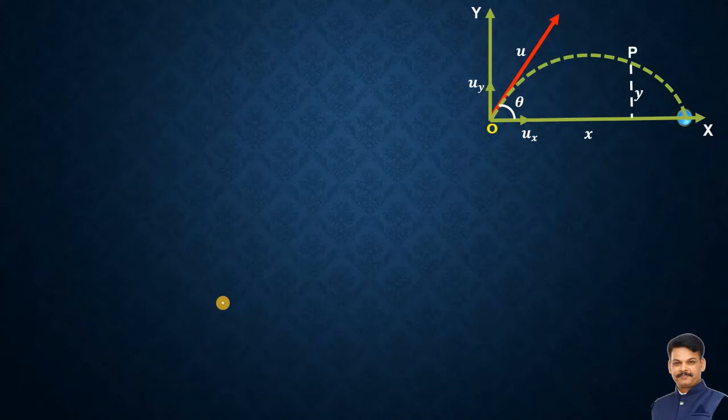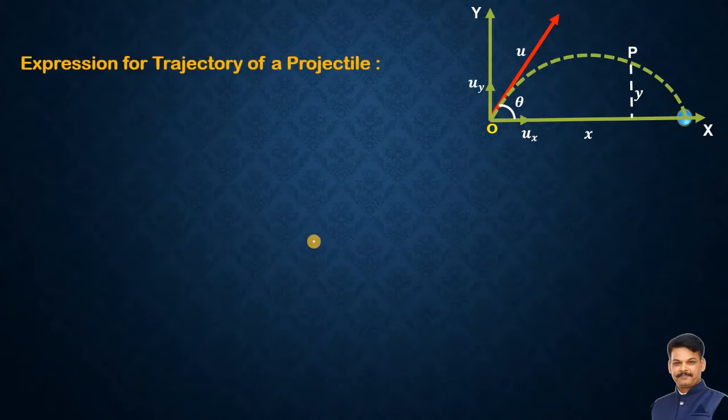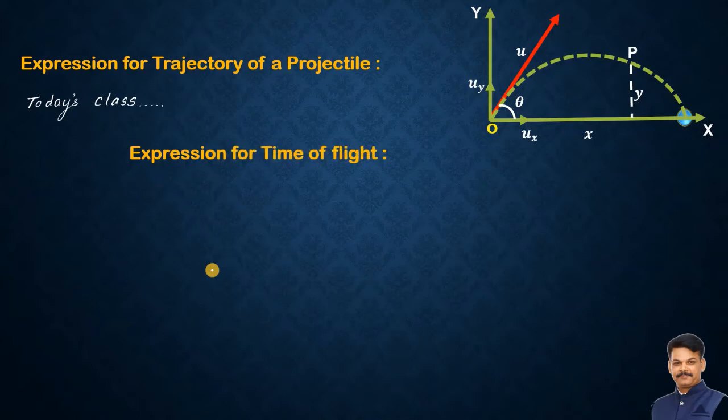We learned the definition as well as the other terminologies associated with projectile motion, and also we derived an expression for the projectile motion, and through that expression we came to know about the equation of trajectory of a projectile. In today's class we are going to find the expressions for time of flight.